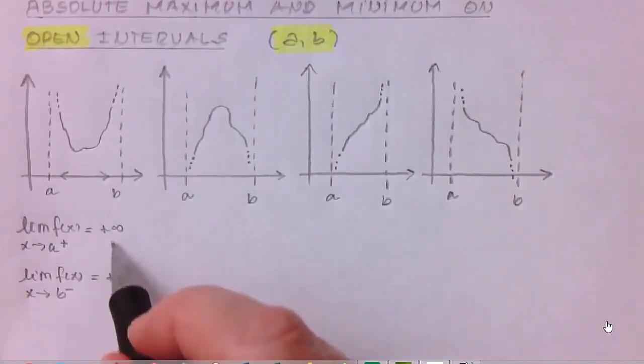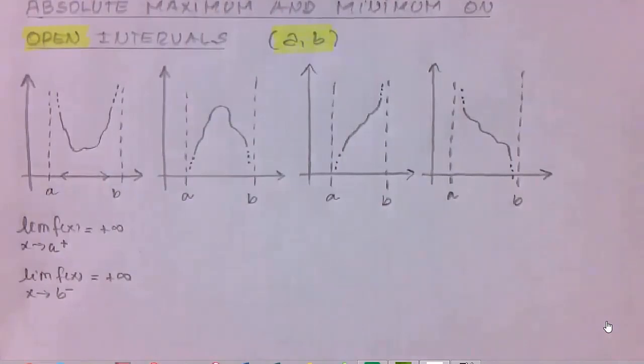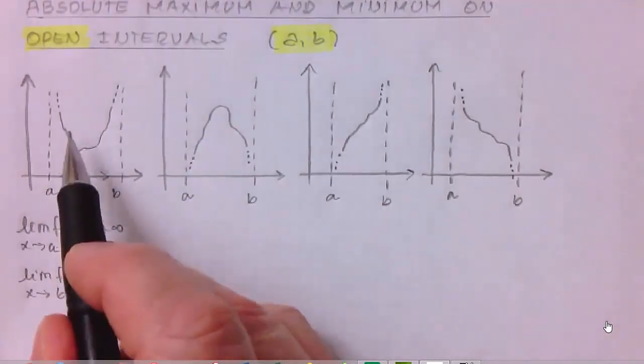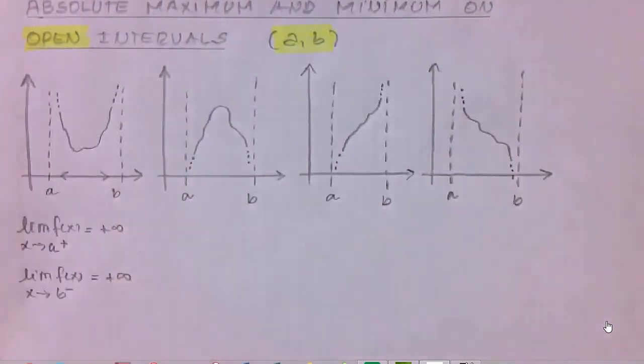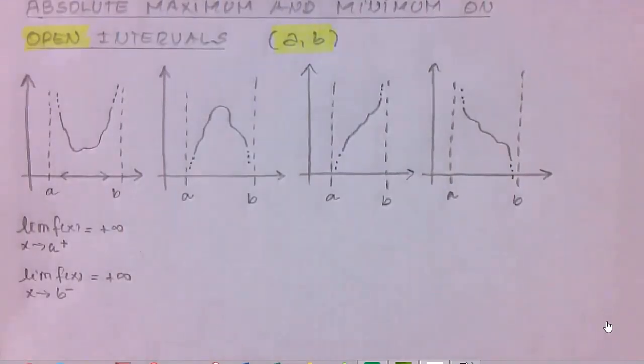We see that these 2 limits are plus infinity. And that means that the function will not have an absolute maximum, but it will have an absolute minimum.